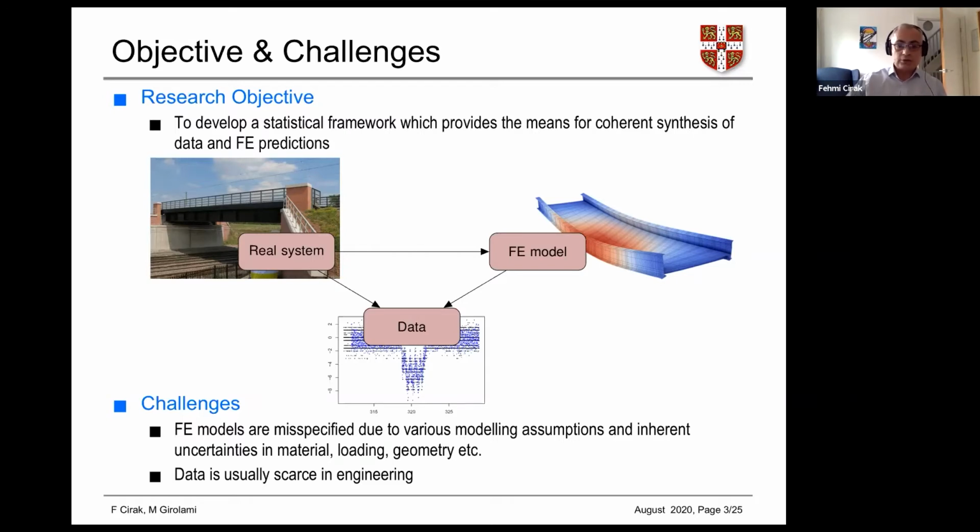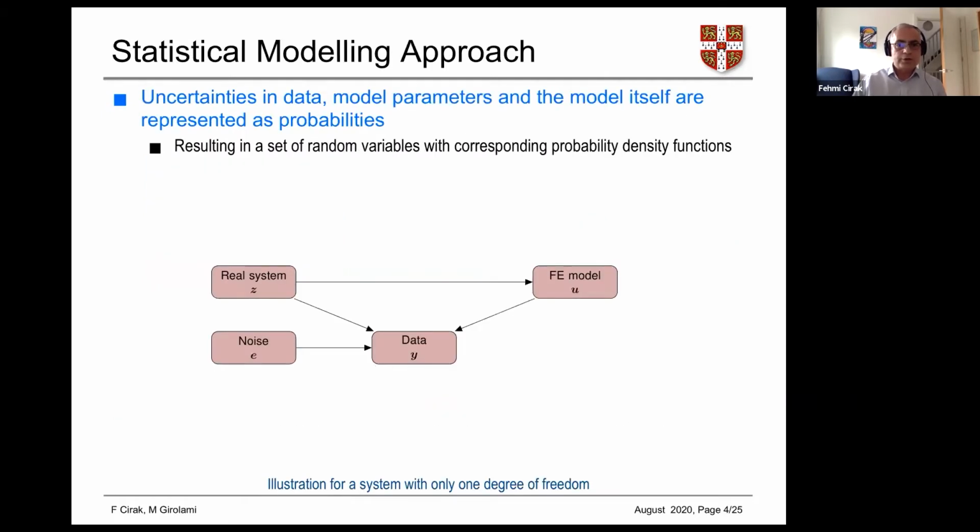In addition to these misspecification errors, we also have uncertainties in material, loading, and geometry, as I mentioned before. And in the engineering context, data is usually scarce. We don't have terabytes of data like in deep learning. Our data is quite limited.